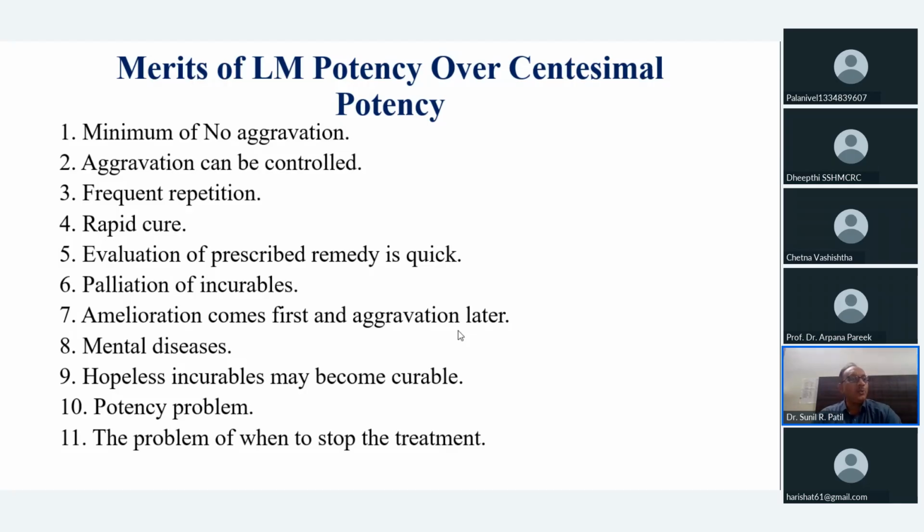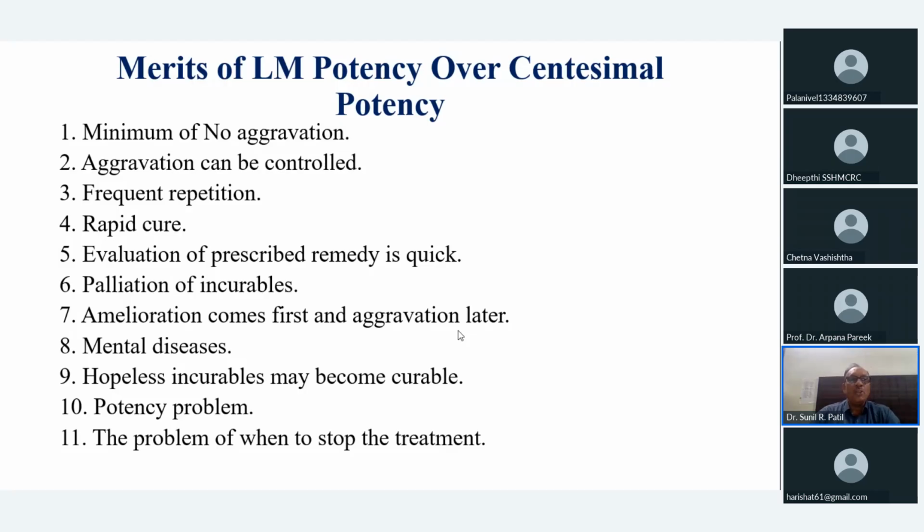This period should be diminished to one half, one quarter, even still less, so that a much more rapid cure might be obtained if the medicines are used by the new dynamization method. Dr. Hahnemann put this in aphorism 246 of the 6th edition of the Organon of Medicine. These are the benefits or merits of the LM potency, the very rapid cure.